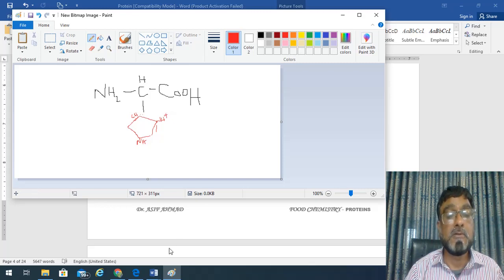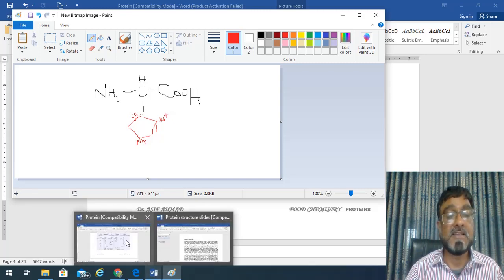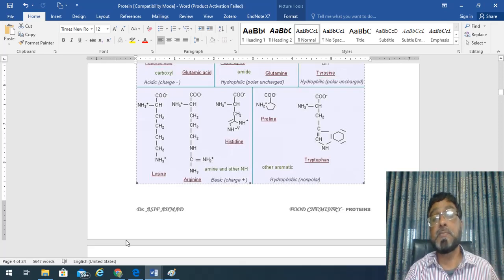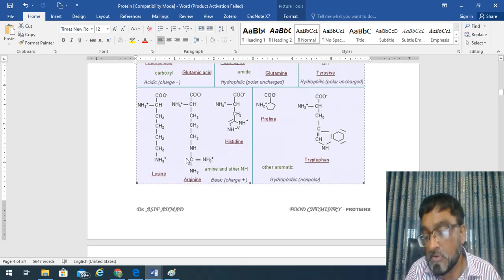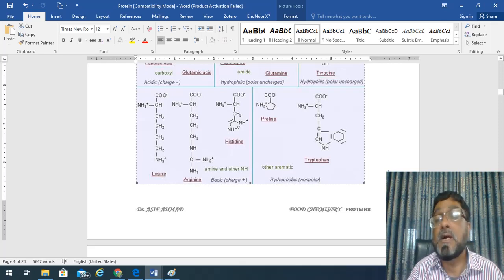So this is the example for histidine. Then, as you know, that is the basic amino acid, and this is the reason for some extra amino group. That is the reason for the alkalinity or the basicity.